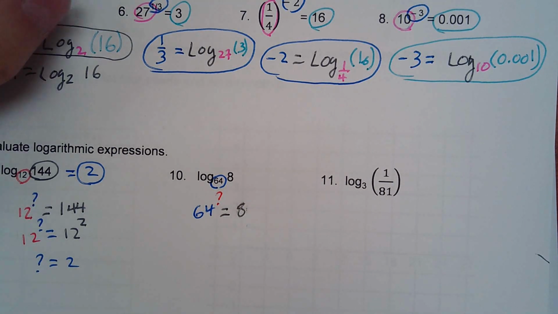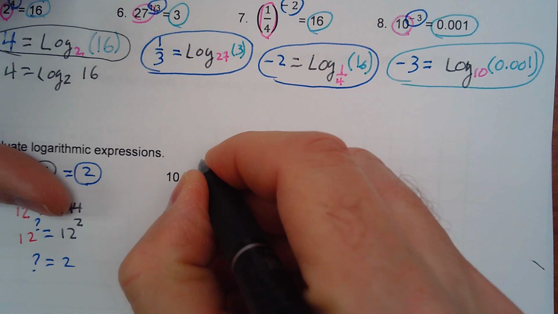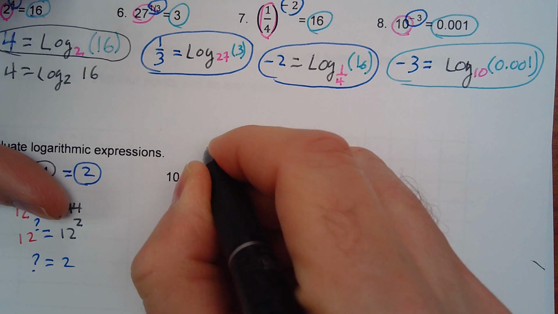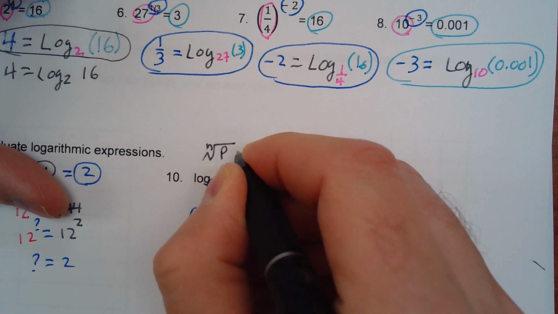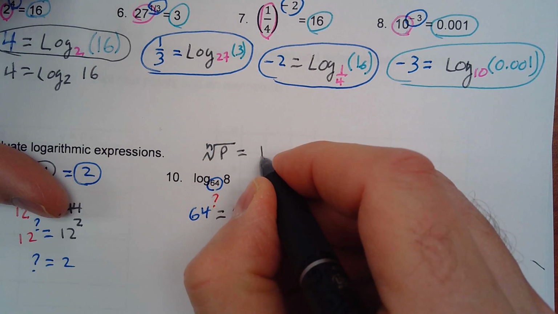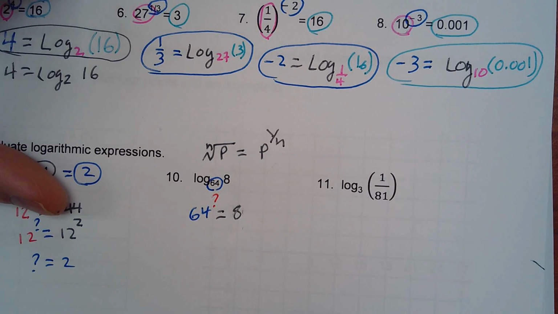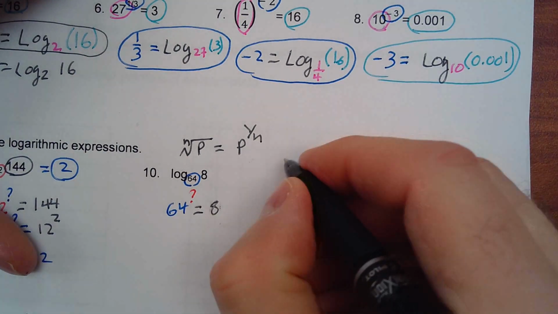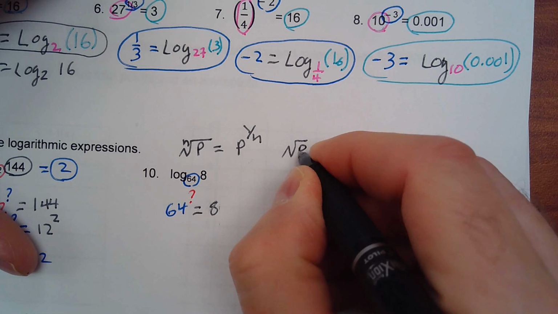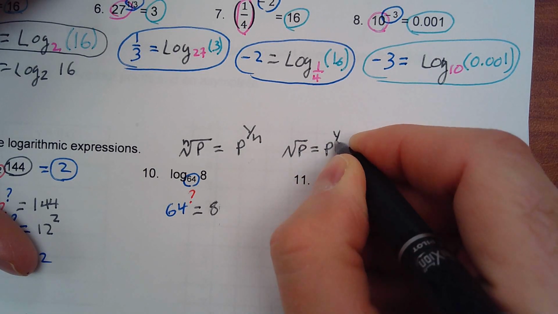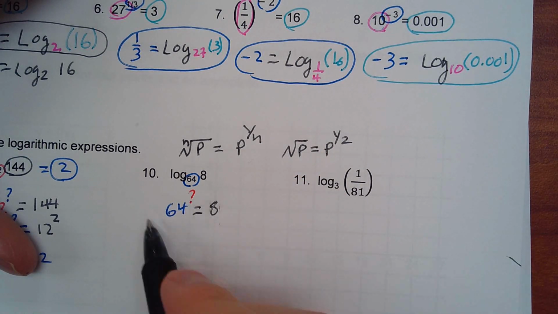Now, just a quick reminder here. If I take the nth root of some number p, that's the same thing as p to the 1 over n power. So if I take the square root of p, that is equal to p to the 1/2. And I want to take the square root of 64.